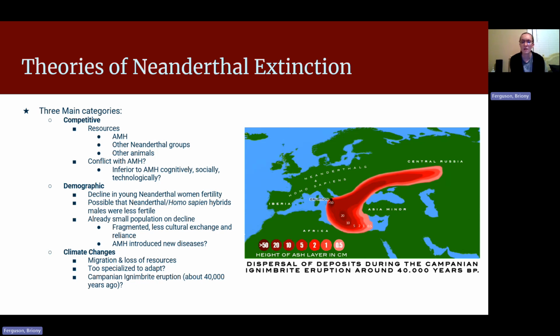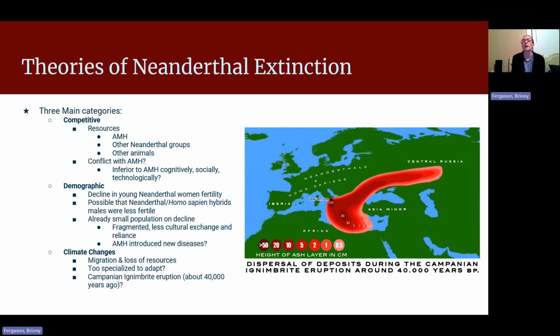It would have spread over a very large area, which not only would block sunlight, which would be detrimental to plant life as well as animal life, but the smoke and ash themselves would have created respiratory issues and illness, as well as killing a lot of plants.